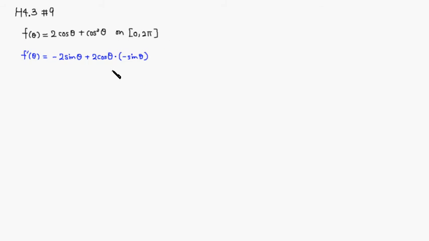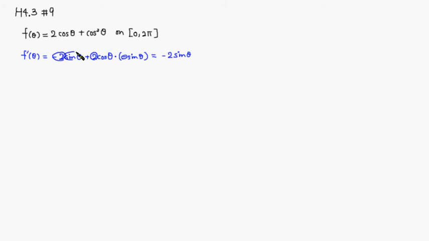All right, then simplify that. Negative 2 is in common, so I'll pull negative 2 out. Also sine is in common, so I'll pull out the sine of theta as well.